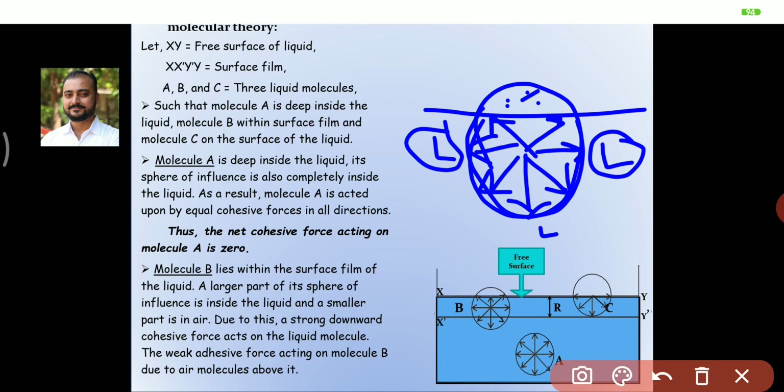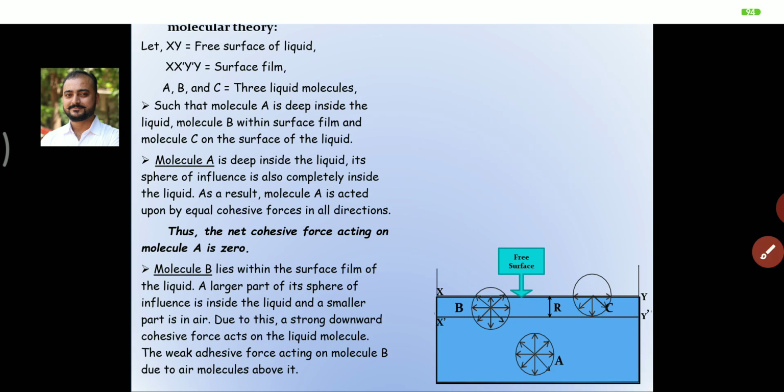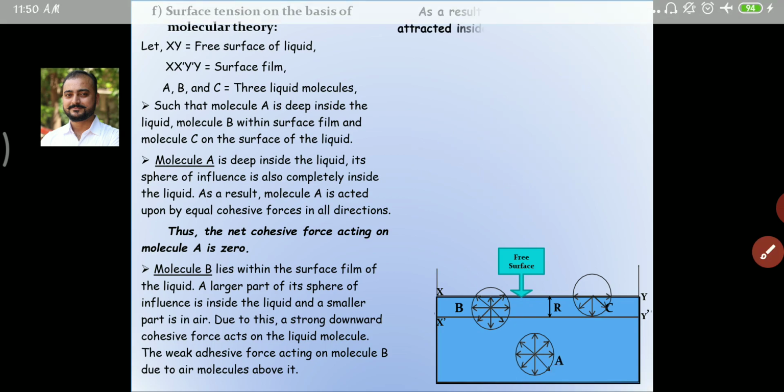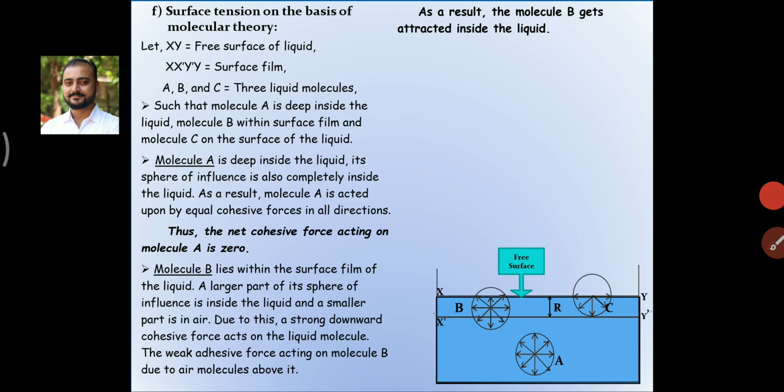There is creation of adhesive force, and this adhesive force in the upward direction is very weak compared to the cohesive force acting downward. In short, cohesive force is stronger and adhesive force is weaker, so molecule B does not experience a balancing force in the upward direction. As a result molecule B gets attracted inside the liquid, which you may call a downward pull. What happens with molecule B? It gets pulled in the downward direction.